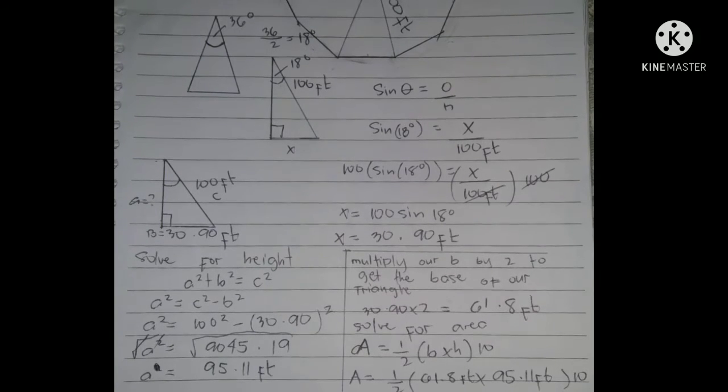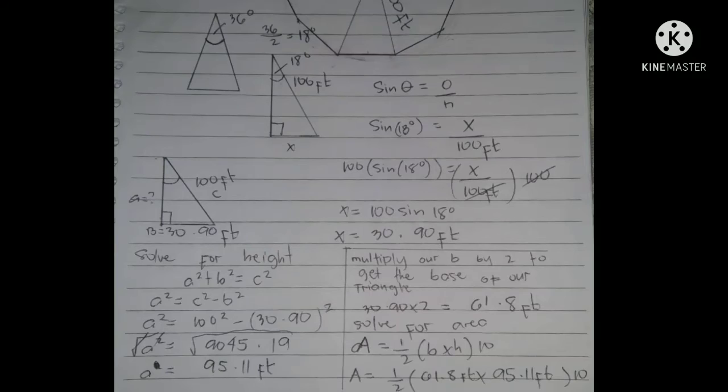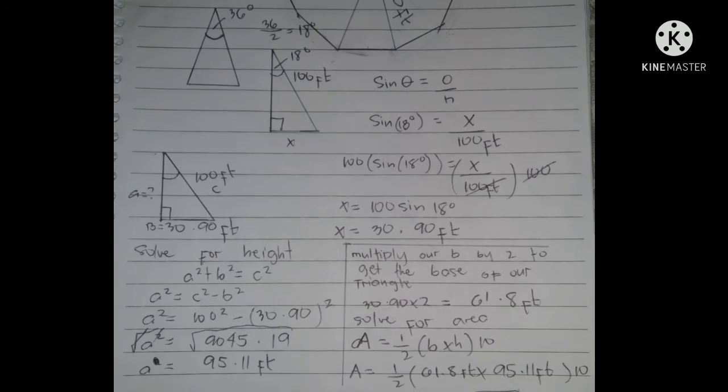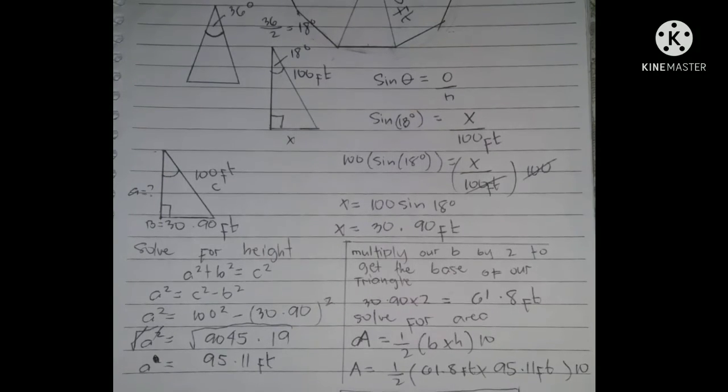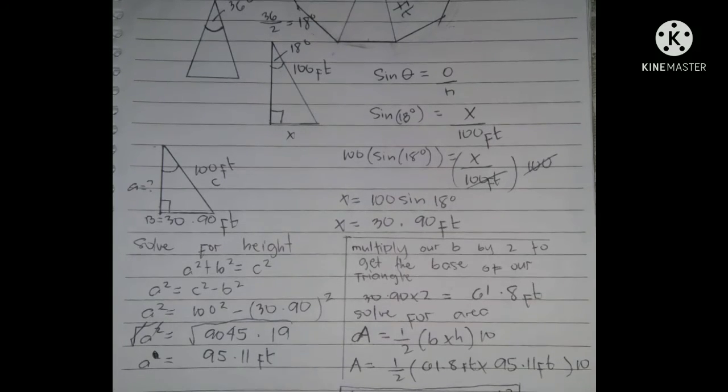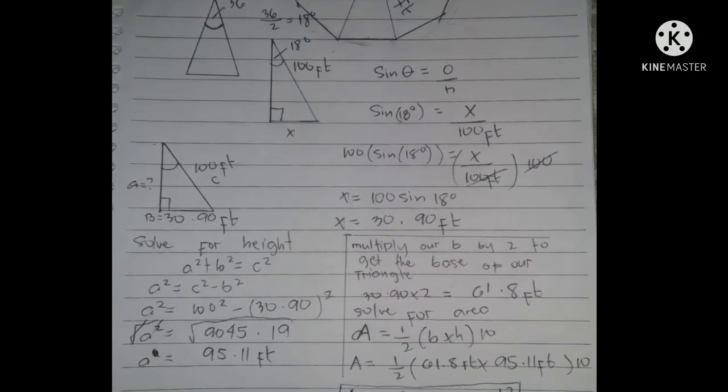Then after that, we can find our adjacent or the height of our triangle. I'm going to use the formula a squared plus b squared equals c squared, and it will be a squared equals c squared minus b squared because we are finding our adjacent.